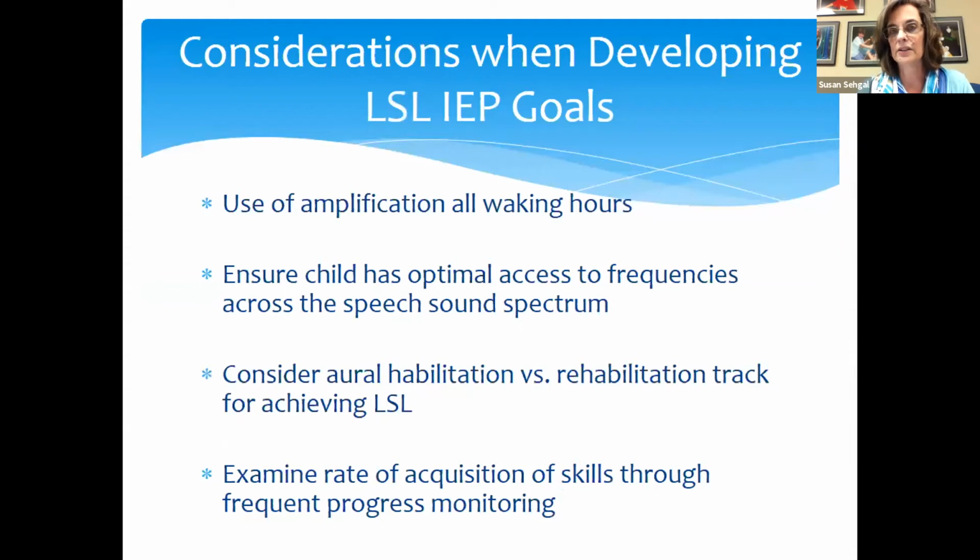Some of the considerations that I have when developing listening and spoken language IEP goals: we really want to make sure that children are using their amplification all waking hours. Carol Flexer has reported that the ear is the doorway to the brain for sound.